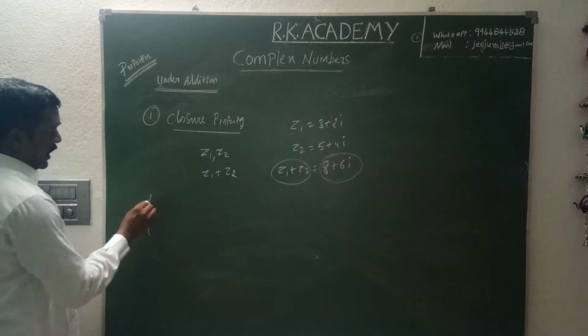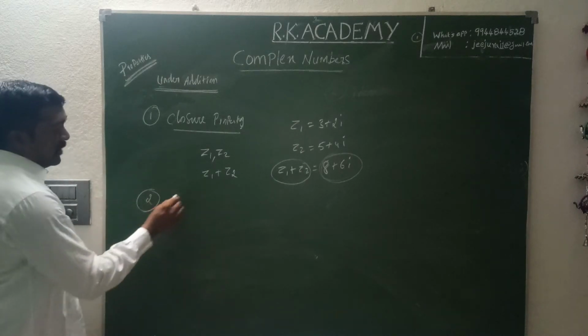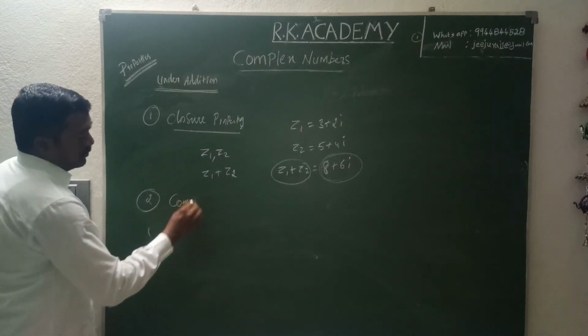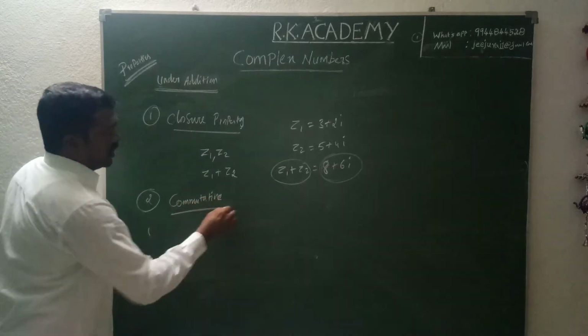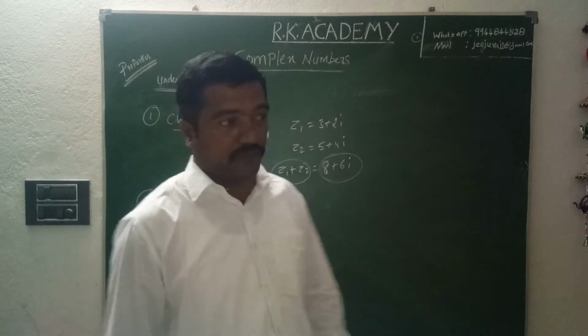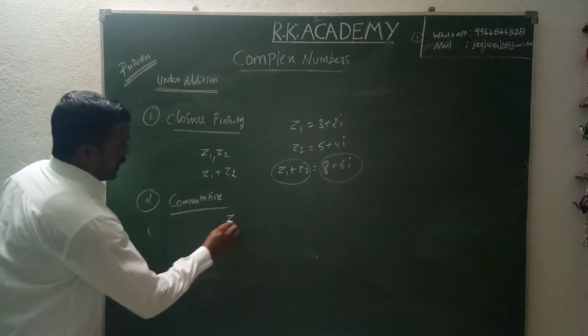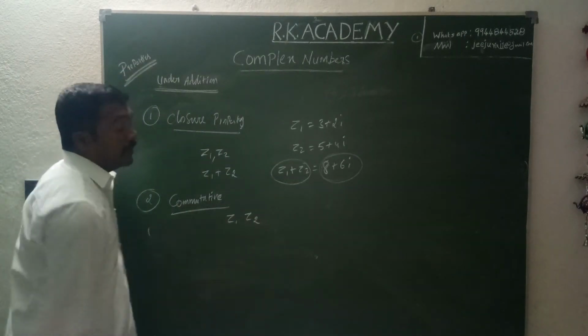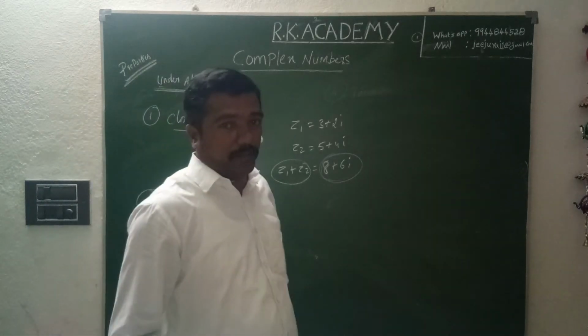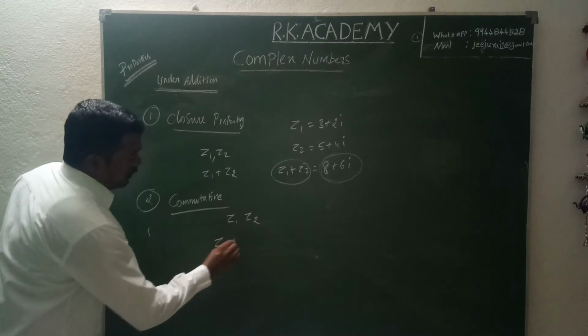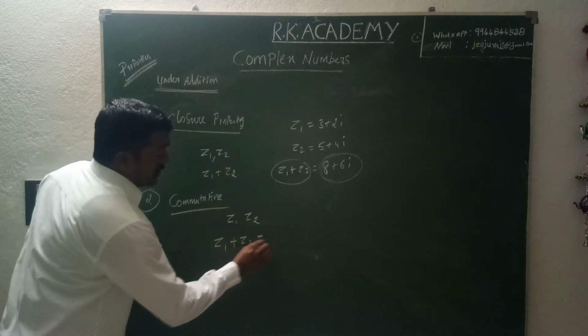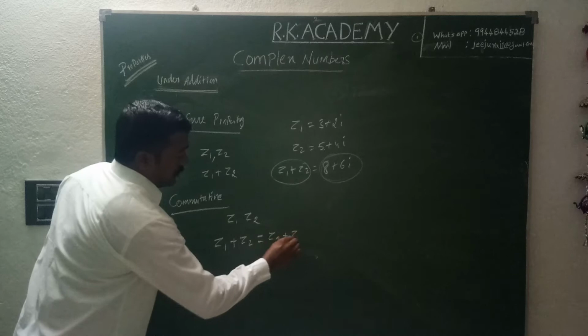Okay. Second one, it's commutative. What is meant by commutative? I think we know about the commutative property in lower class itself. So z1, z2 be the two complex numbers. Listen. We can write z1 plus z2 is equal to z2 plus z1.